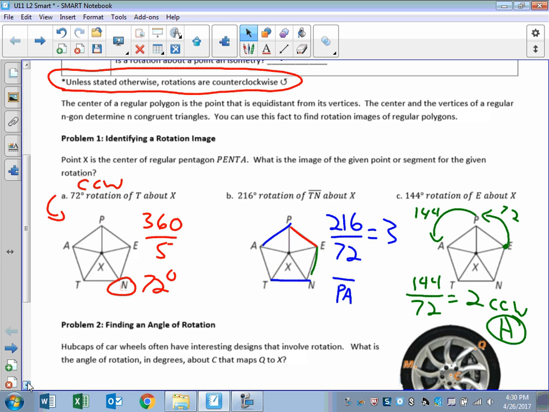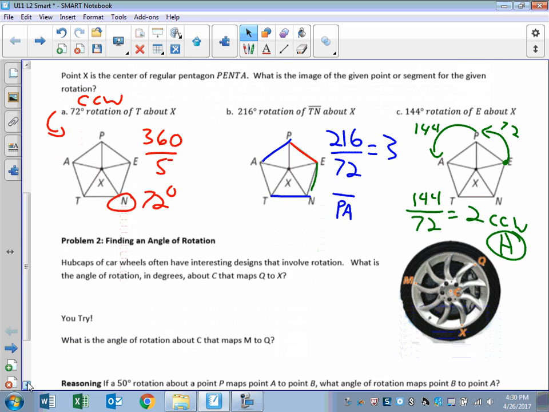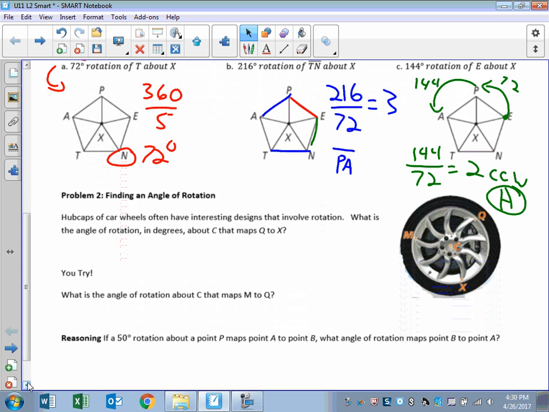Now, finding an angle of rotation. Here we got a wheel. The center is C. So I'm going to mark it because it's not that clear on your paper. The center is C. And we're trying to figure out how we can get from Q to X. Now, if we think about this, we just need to figure out really how many triangles that is.